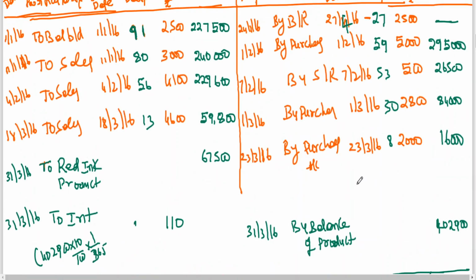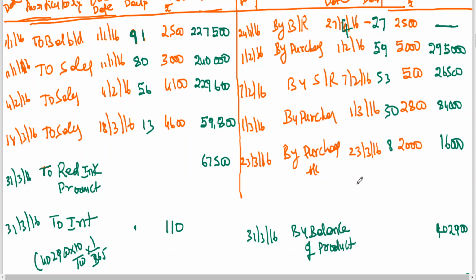So 14,310 minus 2,500 minus 5,000 minus 500 minus 2,800 minus 2,000, it is coming to 1,510.